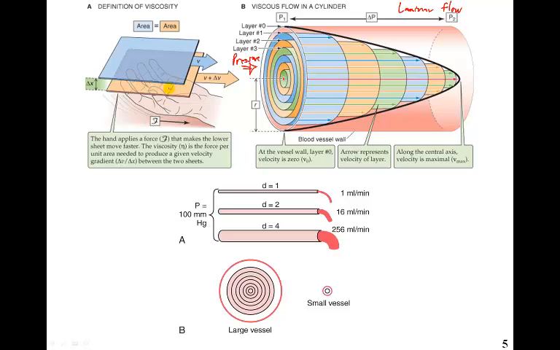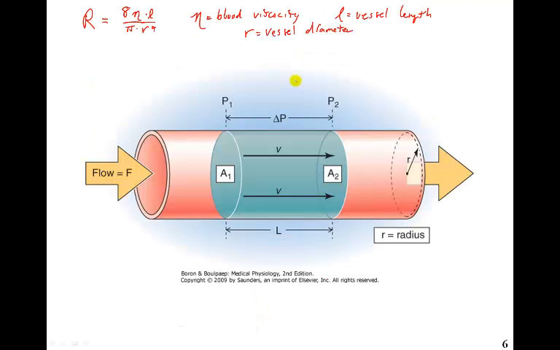If a fluid is very viscous, it means it's hard to move one layer past another layer. So the more viscous a fluid is, the harder it is for these layers to flow past one another, and so the harder it's going to be to get the fluid through the tube. So that's why you get viscosity in the numerator. More viscosity means more resistance.